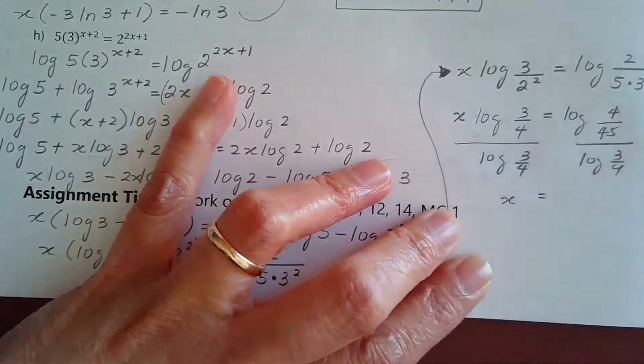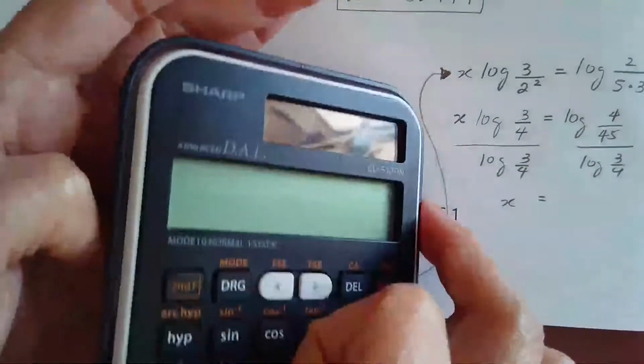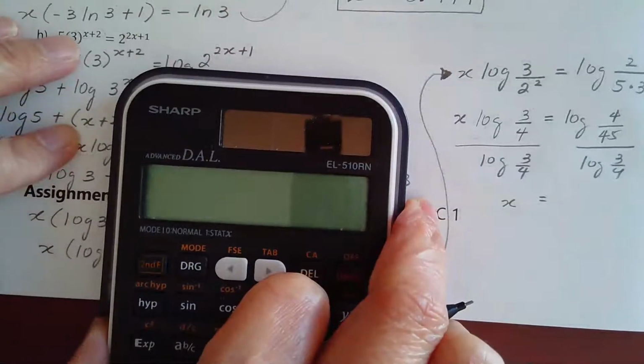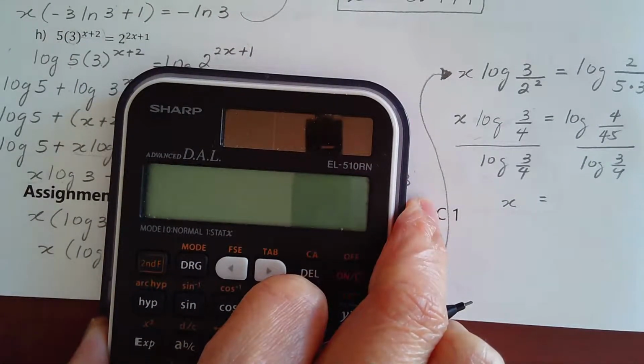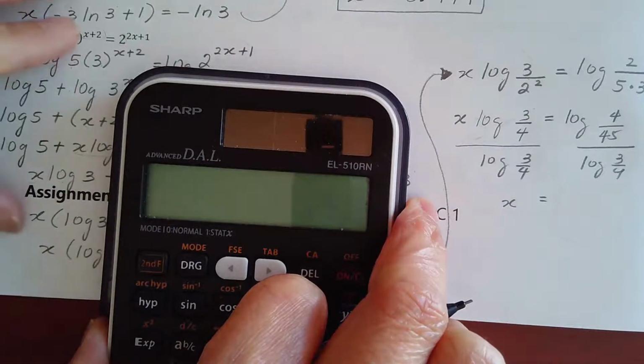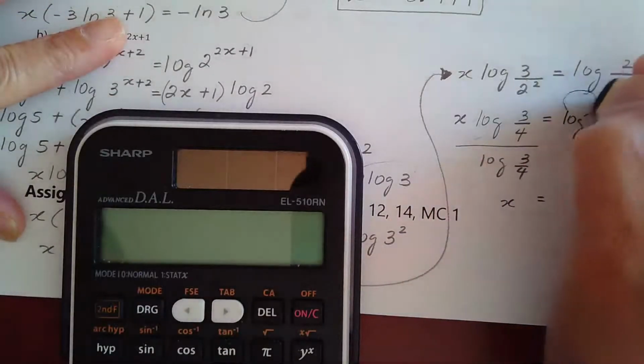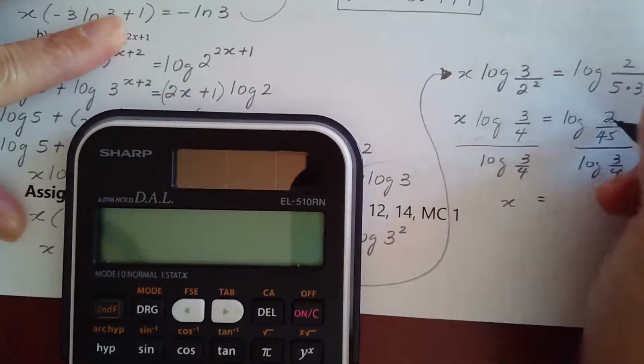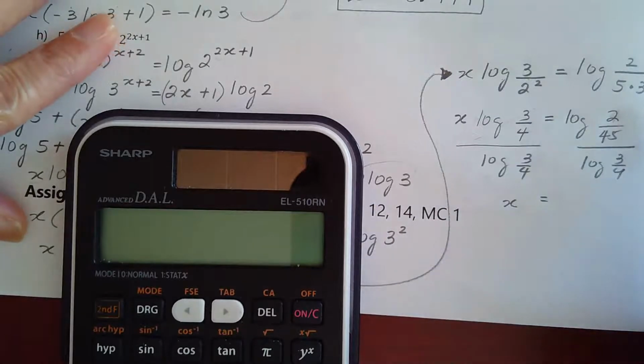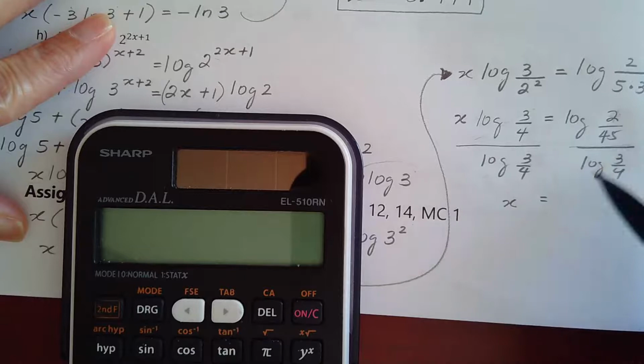So we're left with, oh my gosh. Oh, this one should be 2. So this is going to be log of 2 divided by 45 divided by log of 3/4.